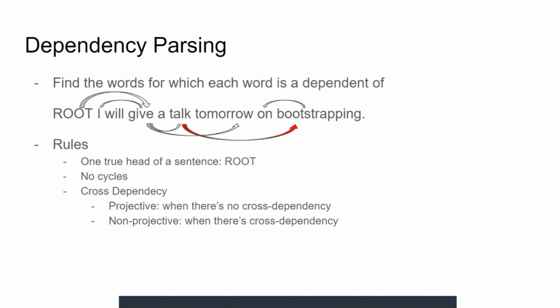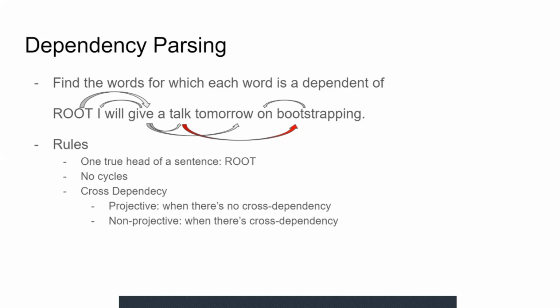The reason is that we put on bootstrapping, which is describing the talk, at the very end of the sentence. This crossing wouldn't have happened if the sentence were rephrased to: I will give a talk on bootstrapping tomorrow. Then the last part would be moved to the front. This is probably something the machine has a little trouble understanding.